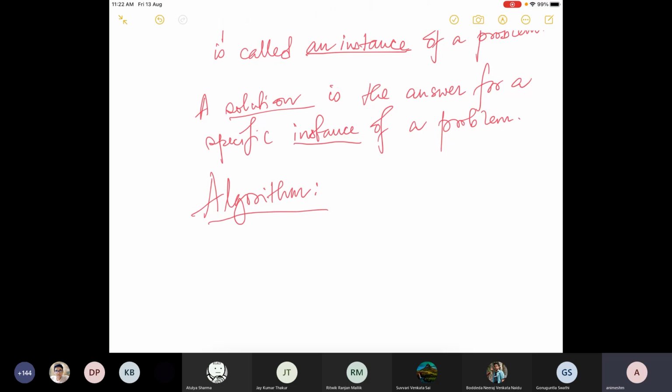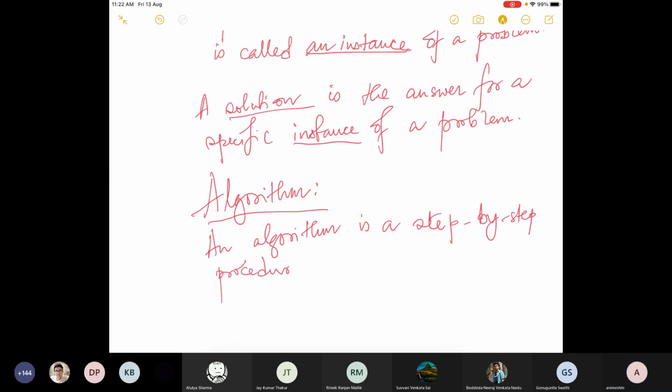So what is an algorithm? An algorithm is a step-by-step procedure to solve what? All instances of a problem.